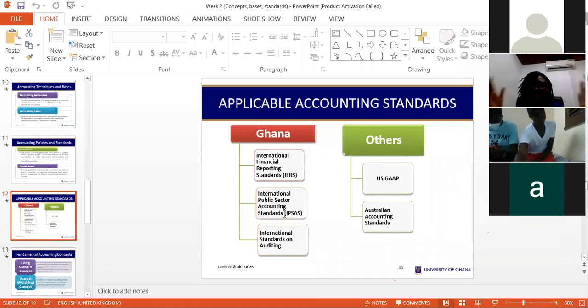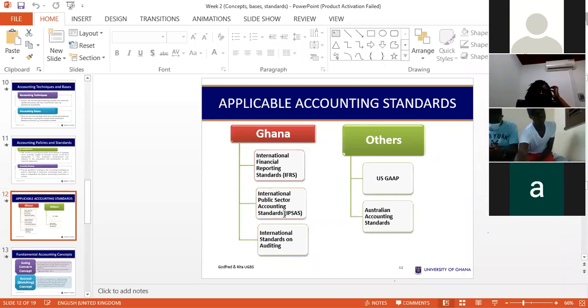That becomes the main guideline. So if we want to set our own standards on how to treat transactions, we must first take it from the conceptual framework. Who are the users? What do they need? And so when we record those transactions, is it going to help them? If we cannot, then we have to.